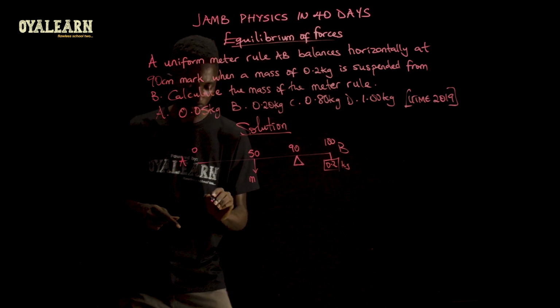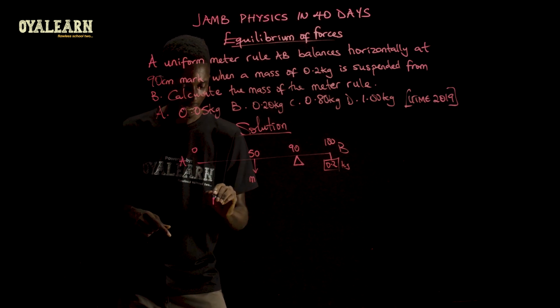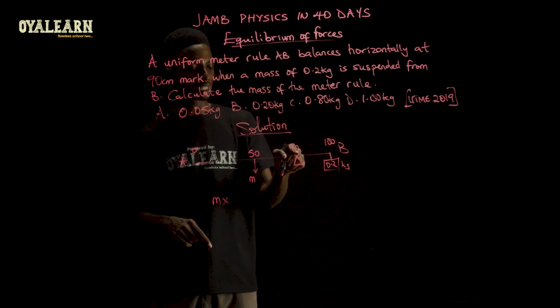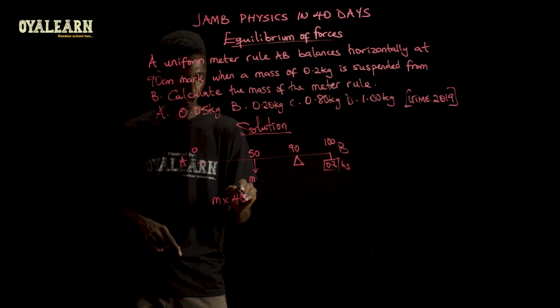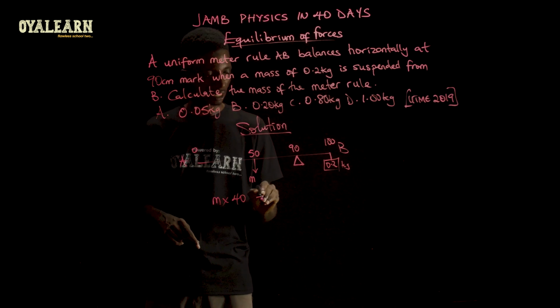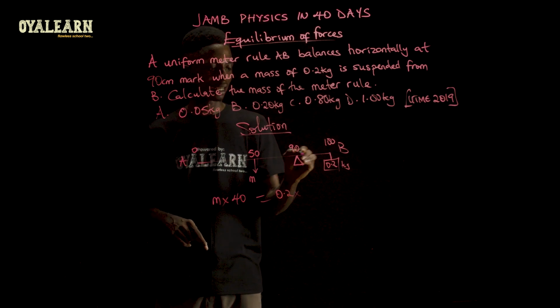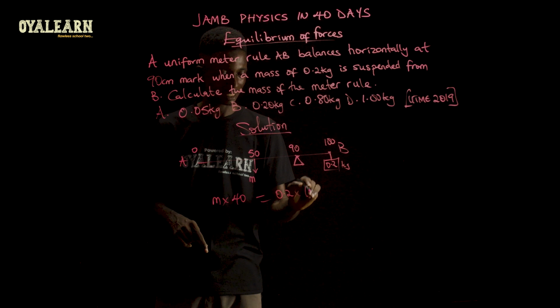So this would give us now M multiplied by the perpendicular distance. Remember, from 50 to 90, what we get here is 40. Equals, now here we have 0.2 multiplied by the difference here, which is 10.